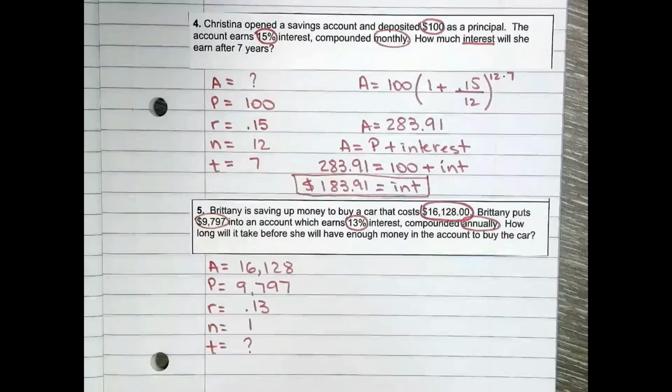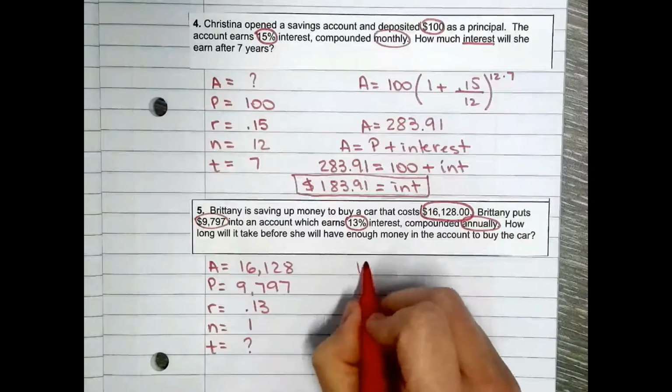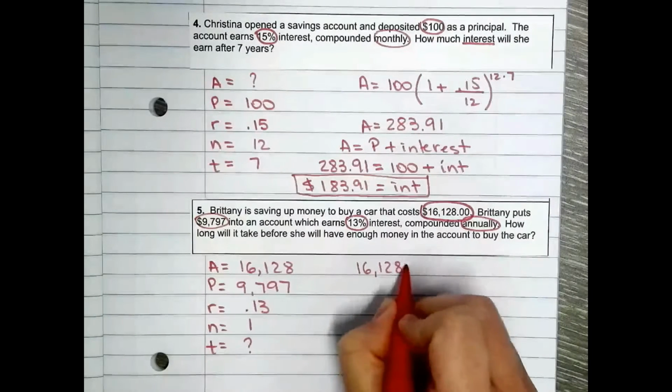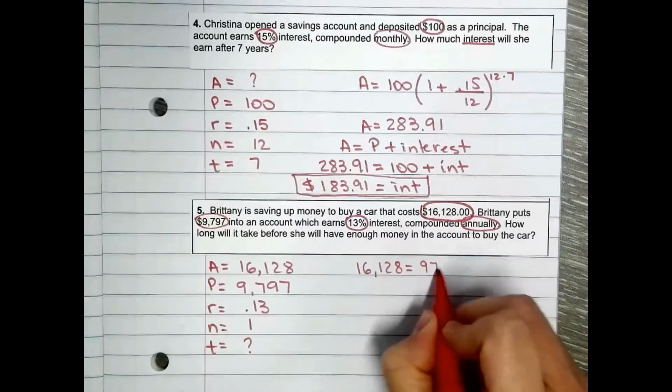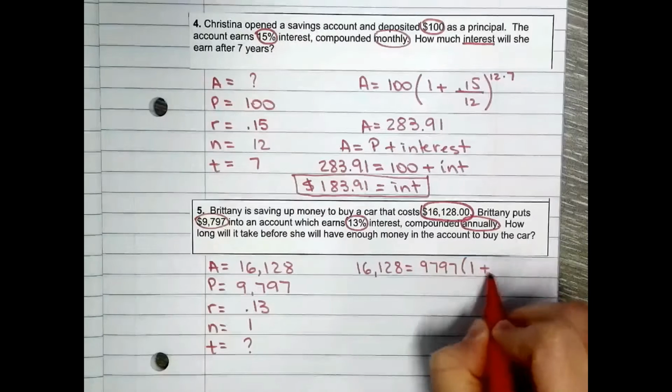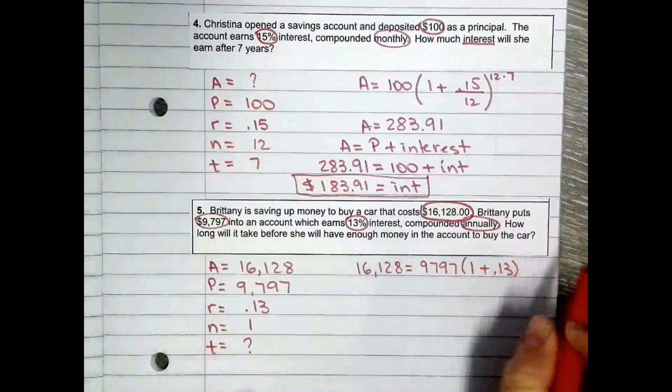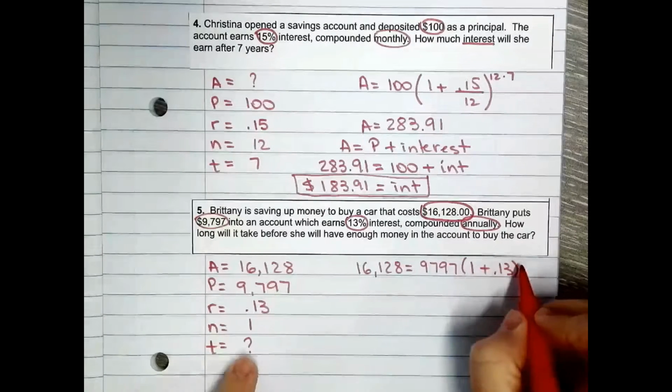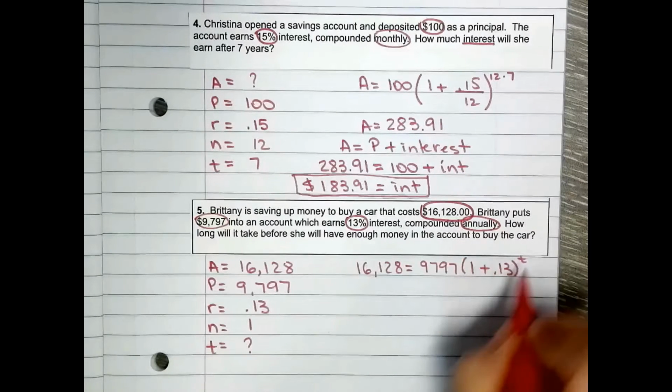Okay. So formula equals the principal, and then 1 plus the rate raised to the power of nt. 1 times t is just t.